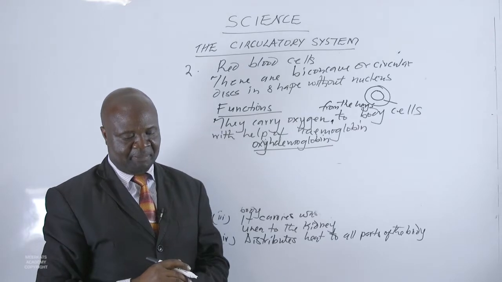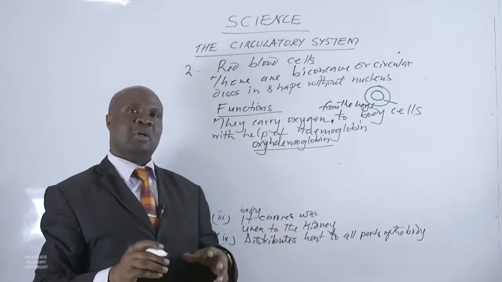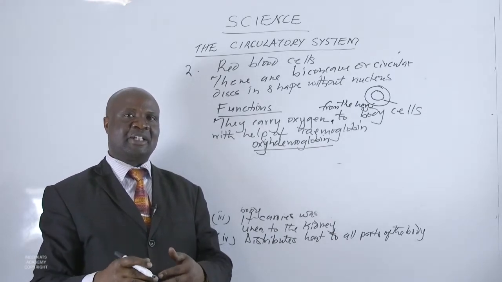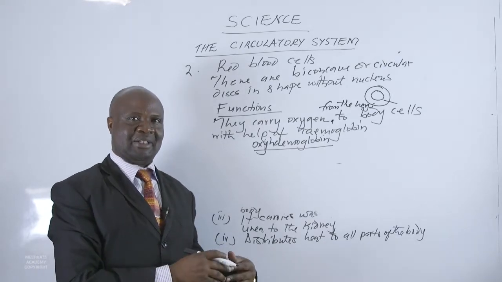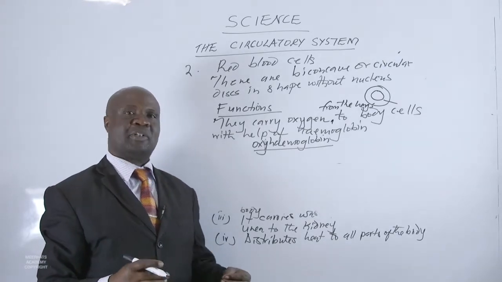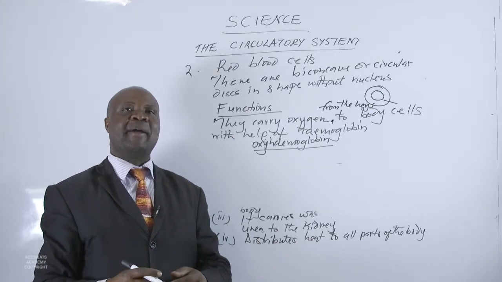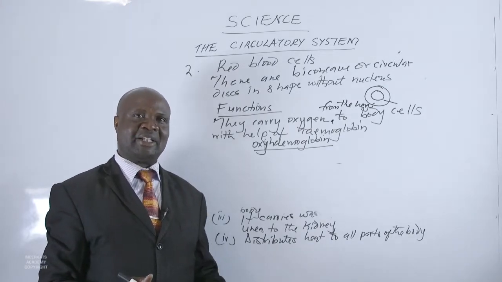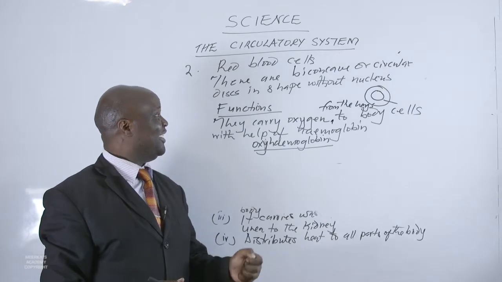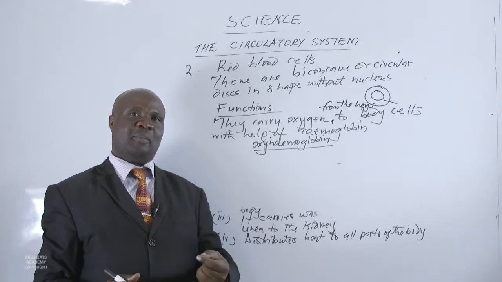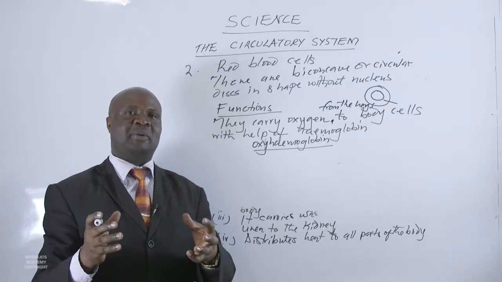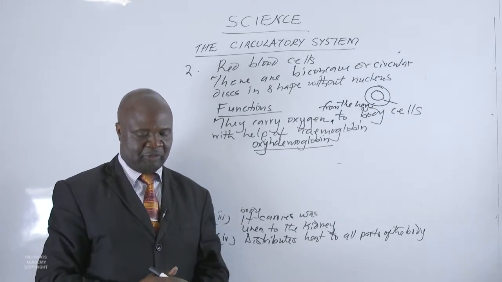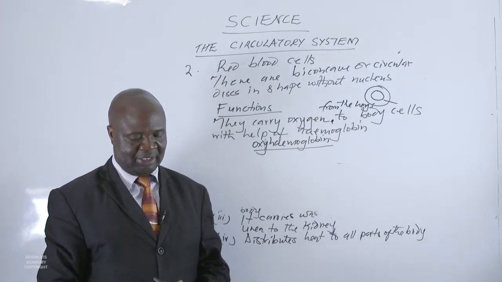So the major function of red blood cells is the transportation of oxygen from the lungs to different parts of the body. The oxygen is transported in the form of oxyhemoglobin to the body cells. Red blood cells are known for transporting oxygen from the lungs because they are able to trap the valuable oxygen within the lungs using hemoglobin. Then it is transported to different body cells.